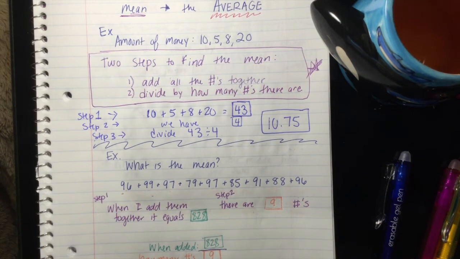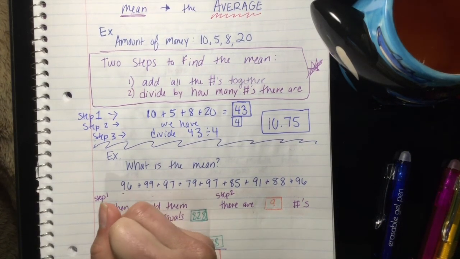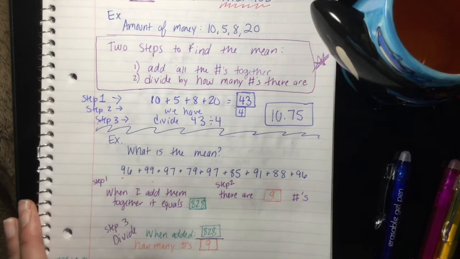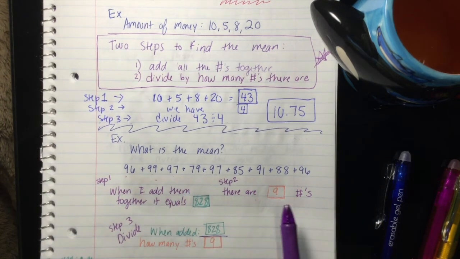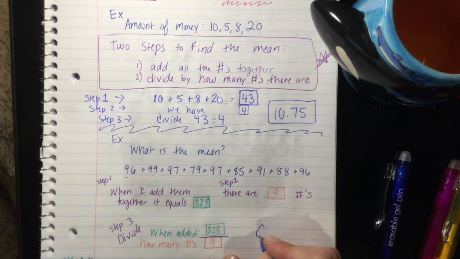So remember, my step 3 is to divide. We're dividing 828, the numbers when we added them together, by how many numbers there are, which is 9. And the answer we got, what did you get? I got 92.